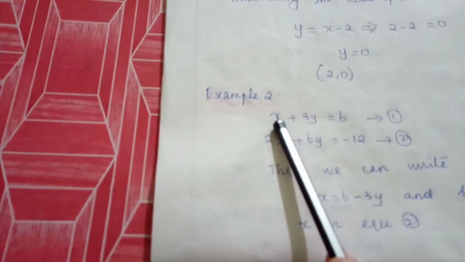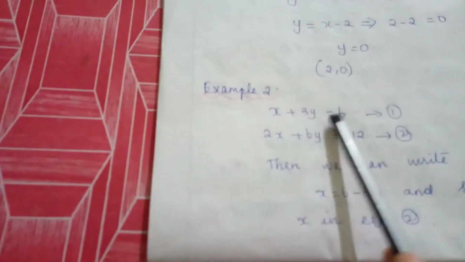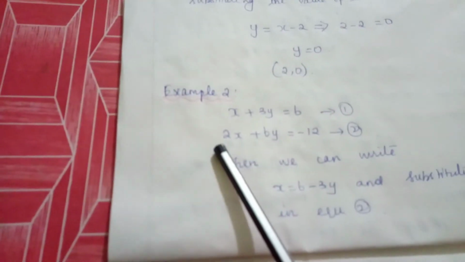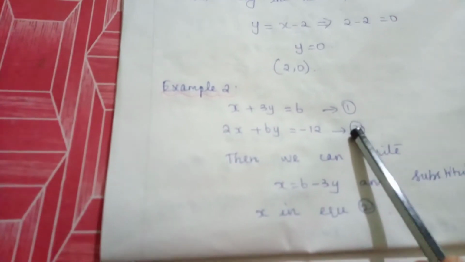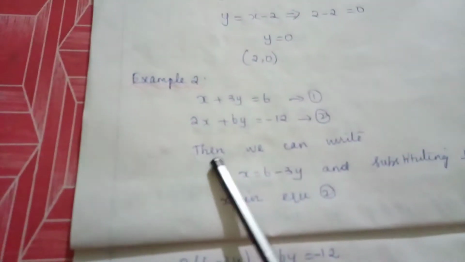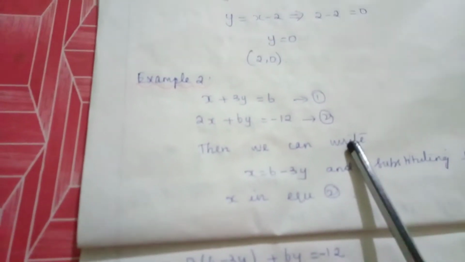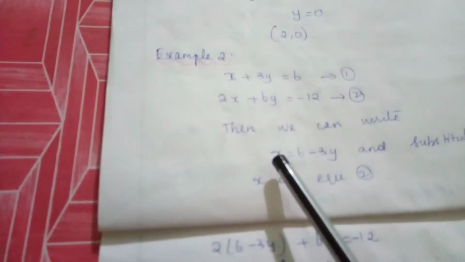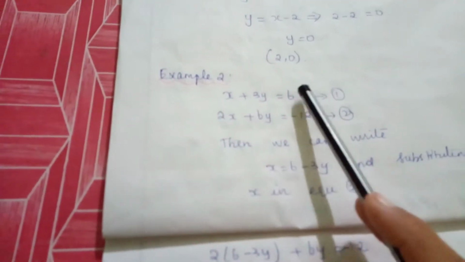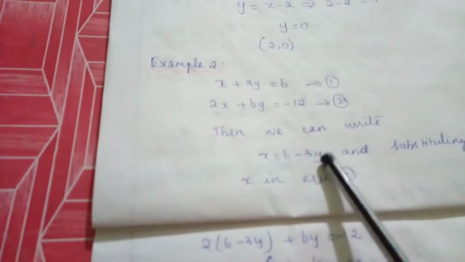The two equations are x plus 3y equals 6, the first equation, and 2x plus 6y equals minus 12, the second equation. By the substitution method, x equals 6 minus 3y.